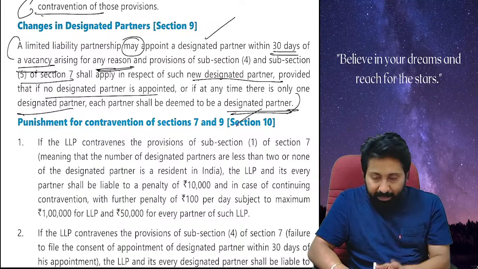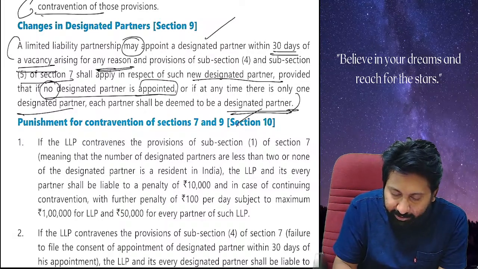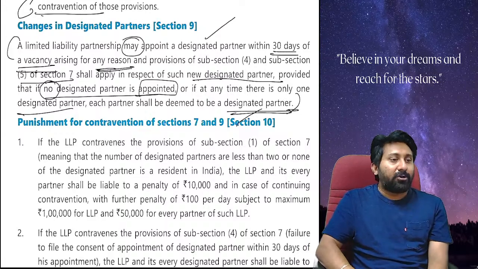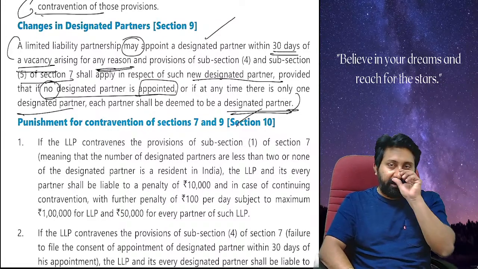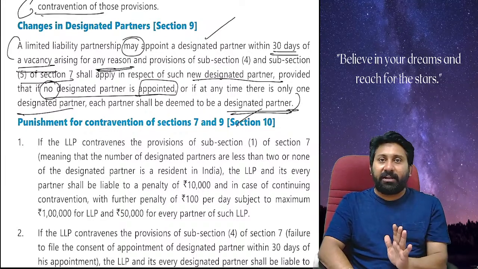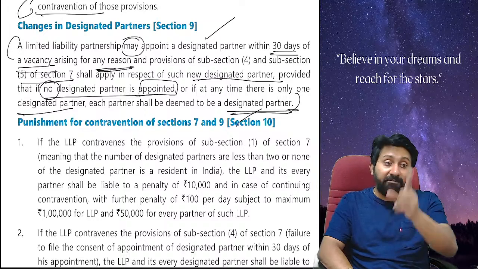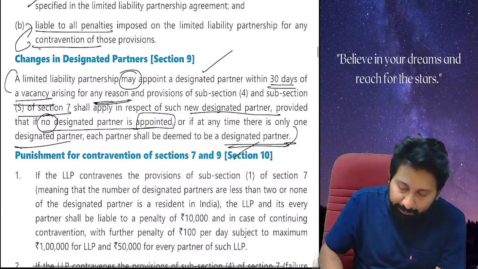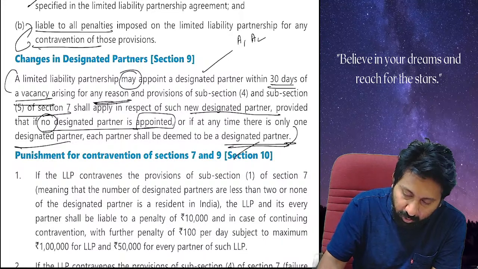But if no designated partner is appointed, means only two designated partners are there, and both of them went away. Or only two designated partners are there, one went away, one is there. In an LLP, A1, A2 are partners.